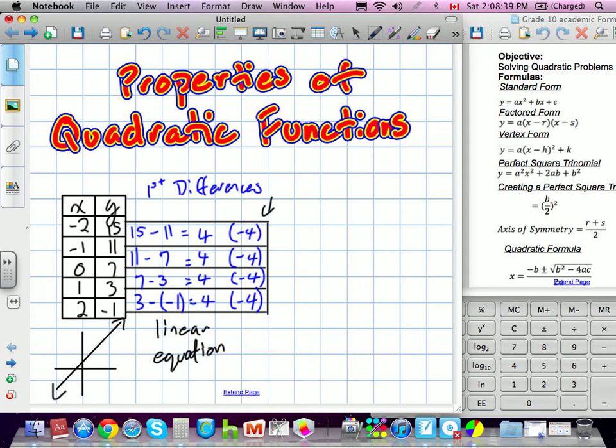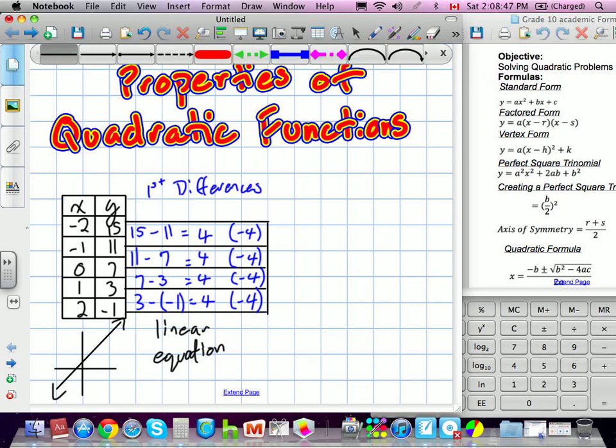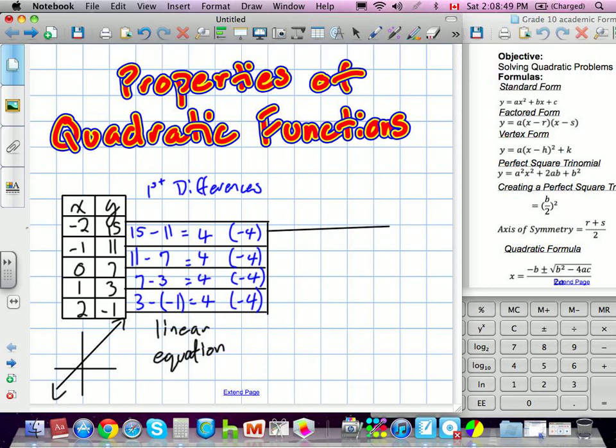Now, in order for something to be quadratic, our first differences can't be the same, okay? What I mean by that is, if they're not the same, we would then take their values and we would subtract them. That's called finding the second differences.